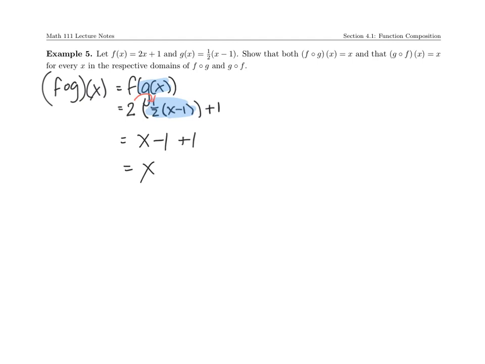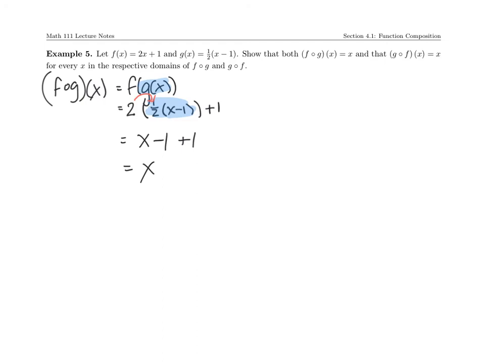That gives us x. Yay. Okay, excellent. If you were to go the route of multiplying in the 1/2 and then multiplying in the 2, that will work as well. Just keep in mind to multiply the 1/2 to the x and the negative 1, not just the x. So this is the first part.